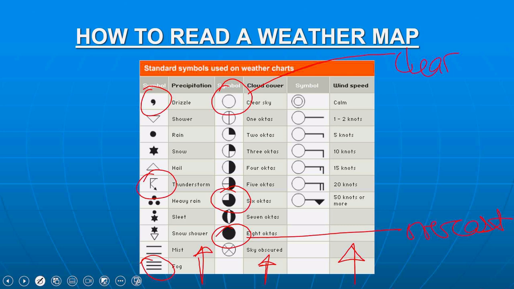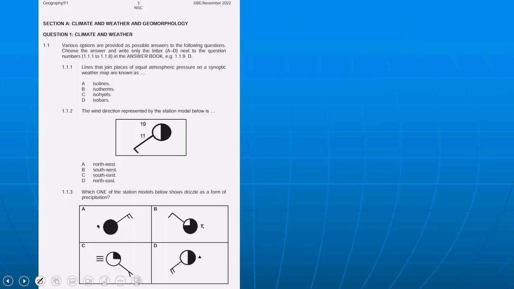Let us now move to the next slide. A typical example of your exam question from November 2022. You can see that page is dominated by weather symbols. Now, I'm not going to be talking a lot about 1.1, but I'll be focusing on 1.2 and 1.3.